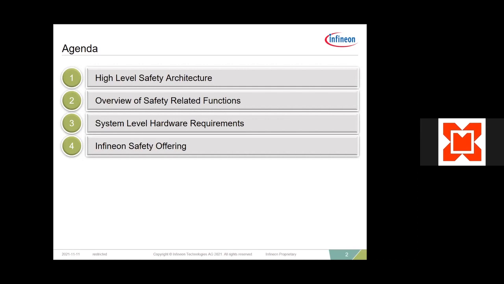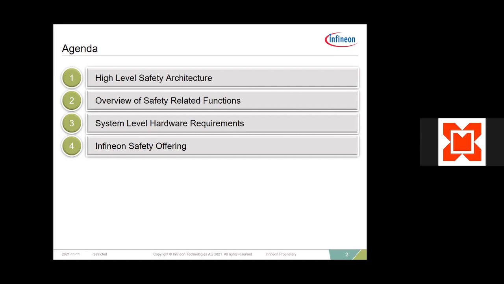These assumptions are implemented within the microcontroller, and these are termed safety related functions. We'll take an overview of these safety related functions in the MCU.